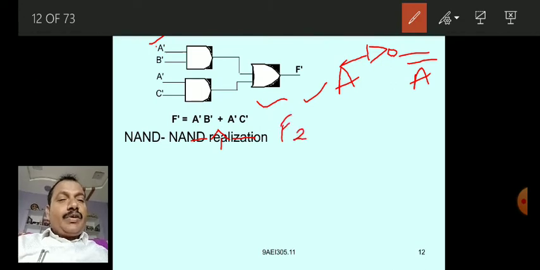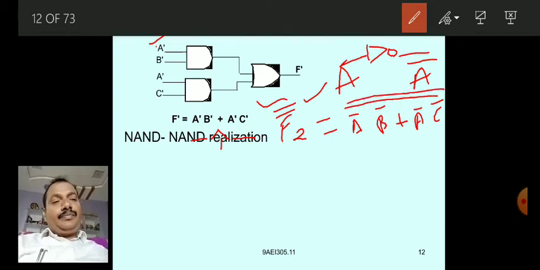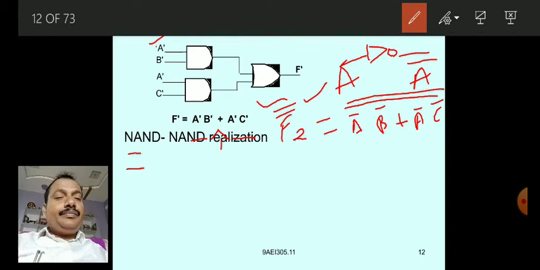F2 is the inverse function, F2 double bar, F2 double bar means A bar B bar plus A bar C bar. This is the actual expression, double bar. You have to make it double bar.